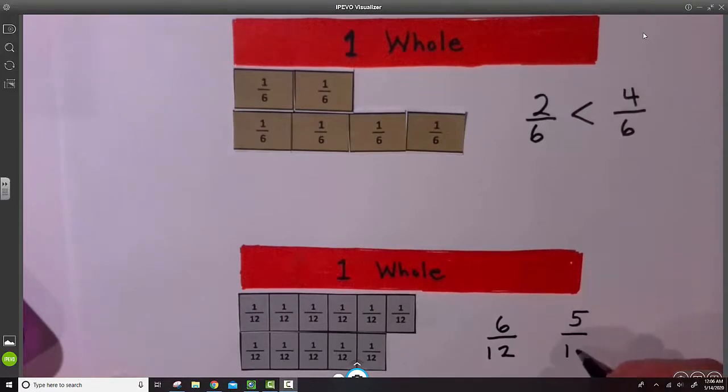The fractions are not a great difference, but it is still a difference. And 6/12 is greater than 5/12. So I think for these examples, when the denominators are the same, it's very easy to just compare the numerators.